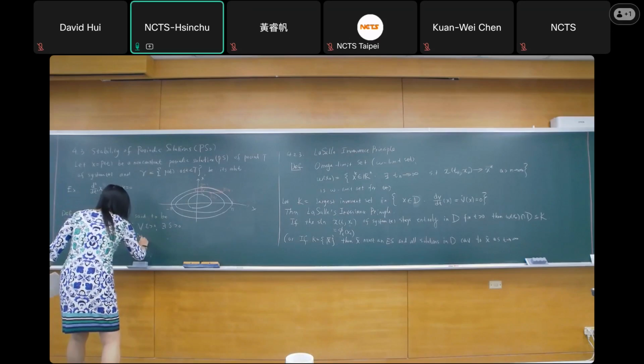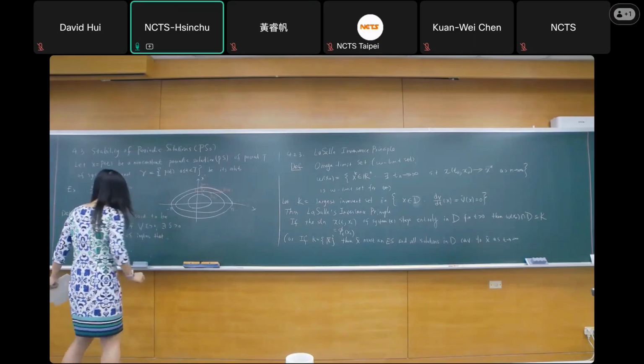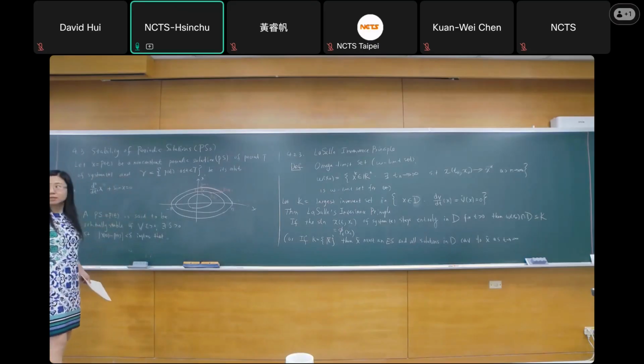And this implies you're going to stay close. How are we going to describe staying close along the entire orbit? What are we going to do?